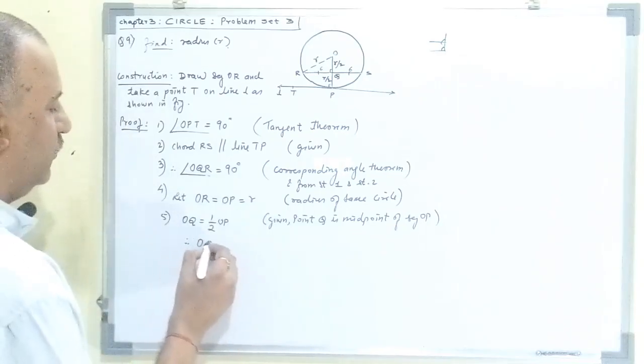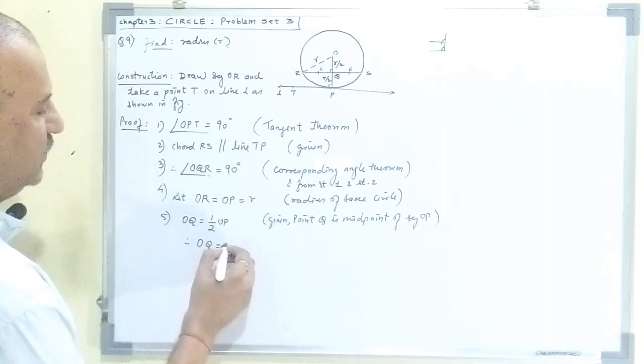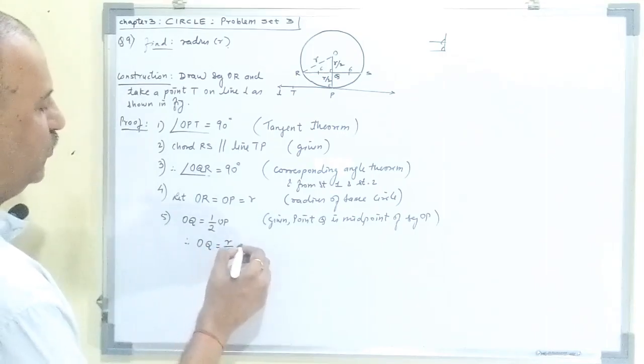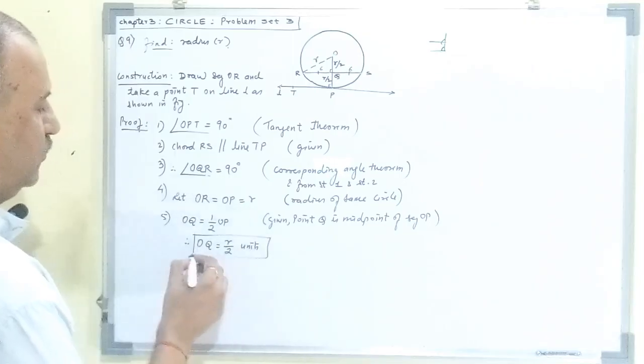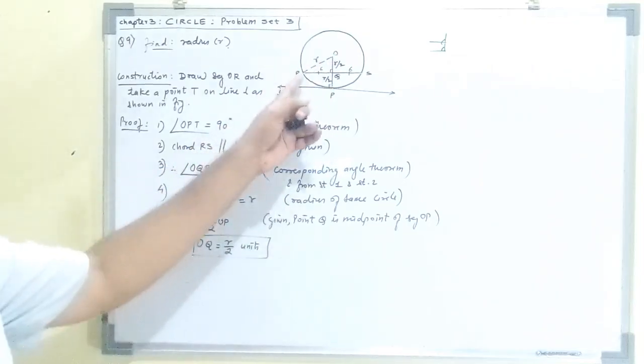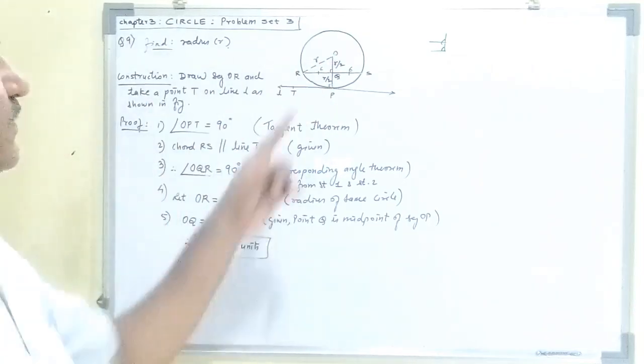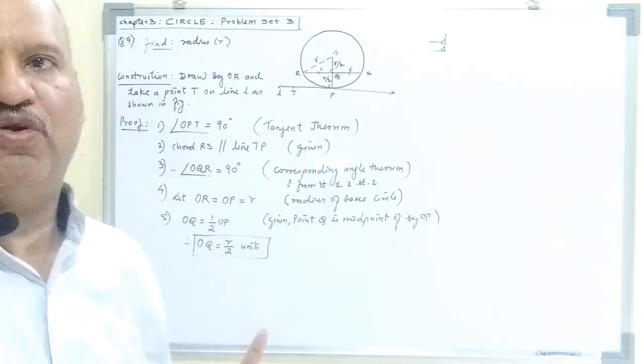Therefore, what is OQ? OQ will be, OP is R, so this will be R upon 2 units. याद रखो. So हमें R मिल गया. OR is R, OQ is R by 2.